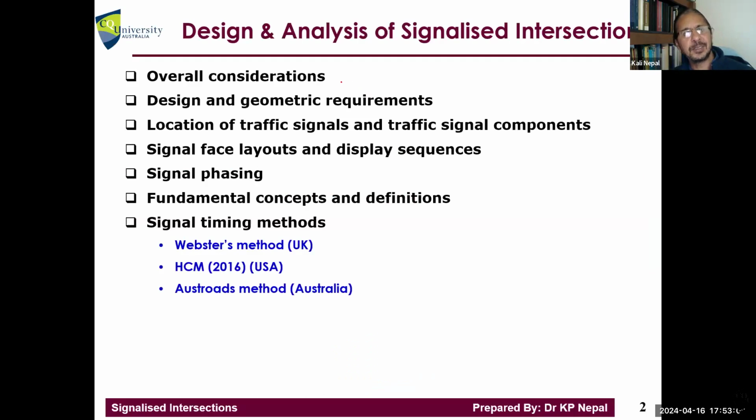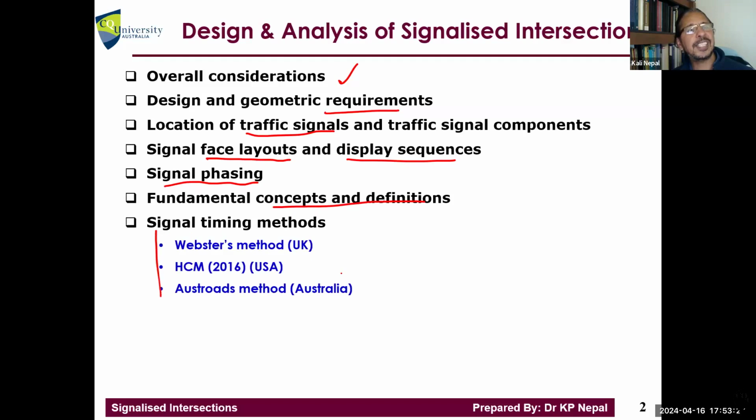So in general, we need to consider general things as well as geometric requirements, where we need to put the traffic signals, and what the phase layout and the display sequence are. And then we need to do the signal phasing, and then the fundamental concepts and definitions.